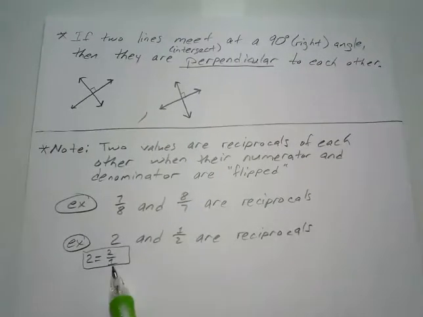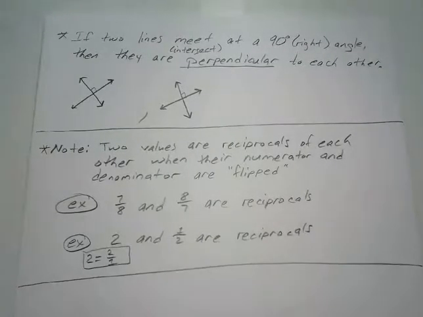So if you take 2 over 1 and flip it, you get 1/2. So 1/2 is the reciprocal of 2, and 2 is the reciprocal of 1/2. Okay, so make sure you remember that definition. It may have been a while since you've seen it, but I wanted to refresh your memory for reciprocals before we get to the steps for finding out whether or not two lines are, I mean, not reciprocals, are perpendicular to each other.